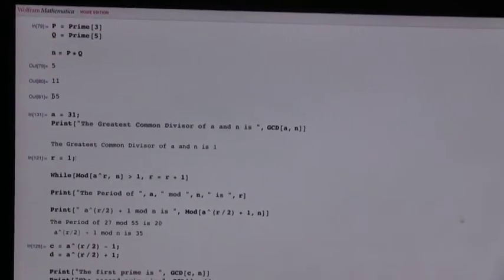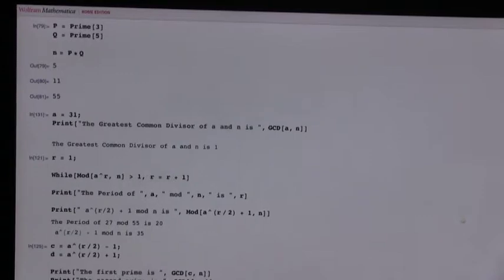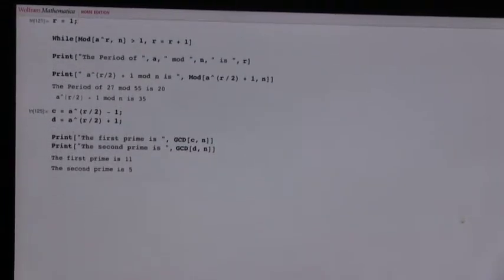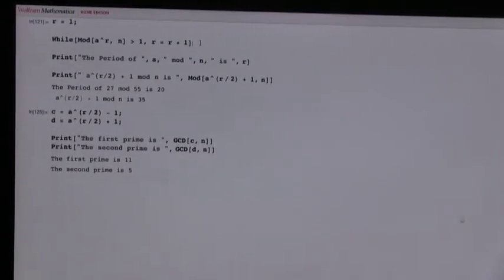What are we doing when we compute the period of 31 mod 55? We're looking at 31 squared, 31 cubed, all the way up, taking all those numbers mod 55 and seeing when one of them equals 1. It's very straightforward.